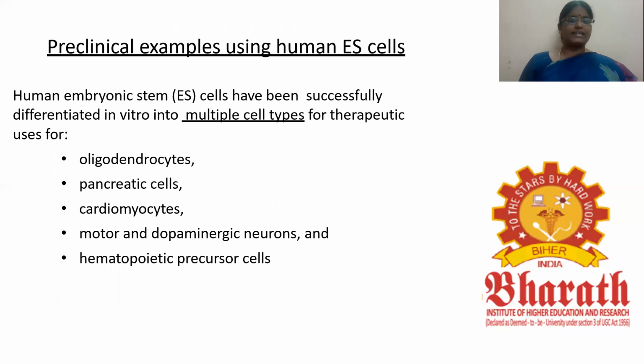And preclinical examples using human embryonic stem cells have been successfully differentiated in vitro into multiple cell types for therapeutic uses like oligodendrocytes, pancreatic cells, cardiomyocytes, motor and dopaminergic neurons, and also hematopoietic precursor cells.